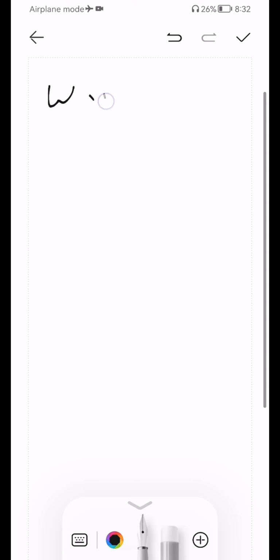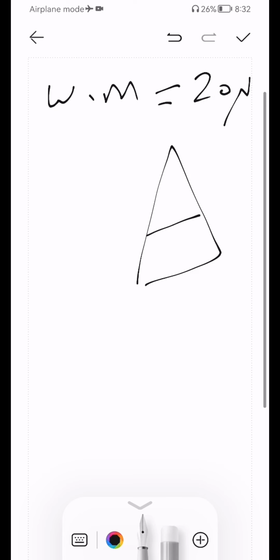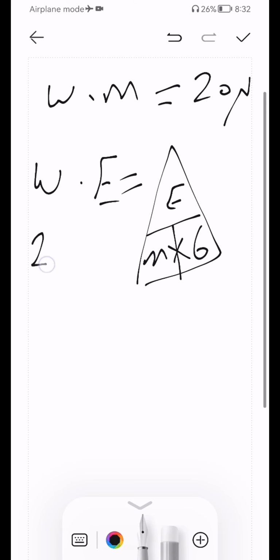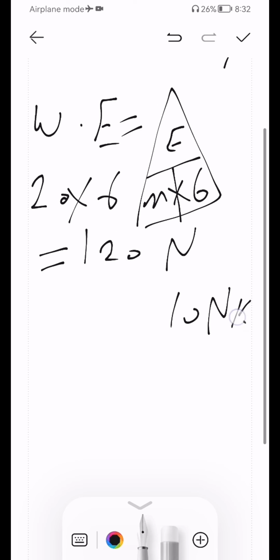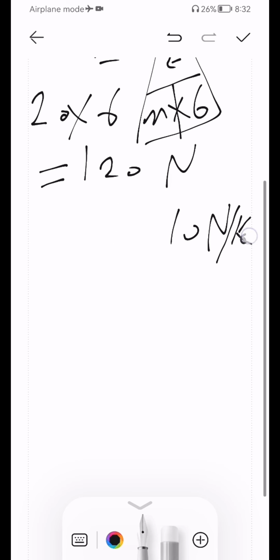Weight on moon equals 20 Newton. The relation is weight on earth equals weight on moon times 6. So the weight on earth equals 20 times 6 equals 120 Newton. And we know the gravitational field intensity of earth equals 10 Newton per kilogram. So now we can calculate the mass.